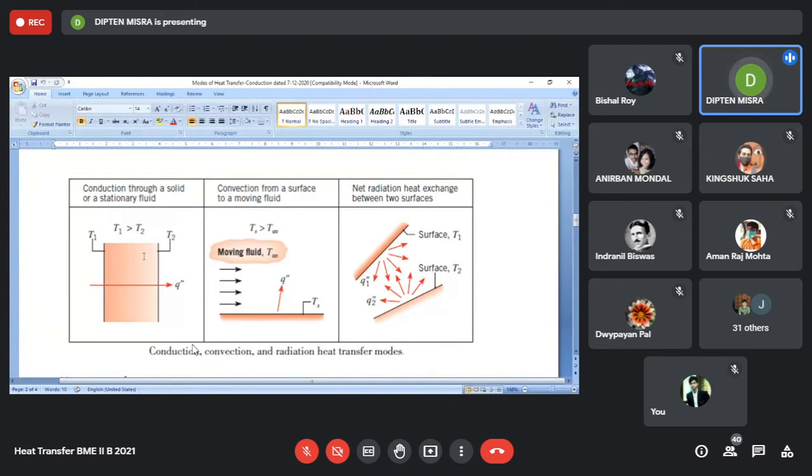Suppose this represents a cross-sectional view of a wall of a room, and this surface is exterior to the room, external to the house, so it may be exposed to incoming sun rays, solar rays, and this outer surface may be heated.